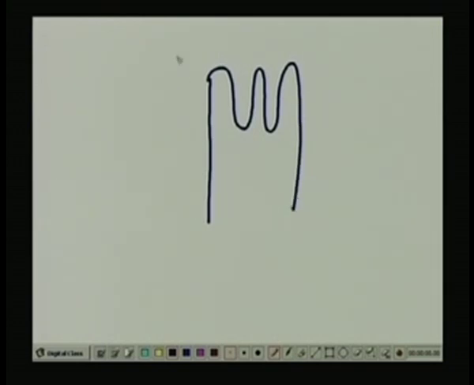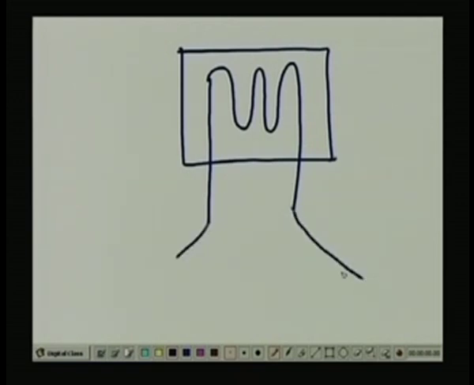Next, the most widely used gauge is the bonded metal wire gauge, right. In this case, the strain gauge is bonded on a backing material. It looks like I have a backing material over which the strain gauge is put like this, and we have taken out the electrical connections.